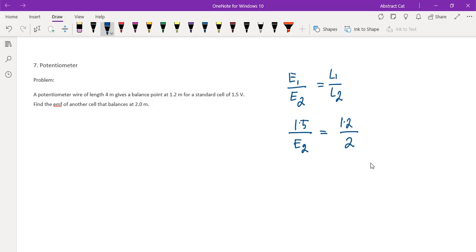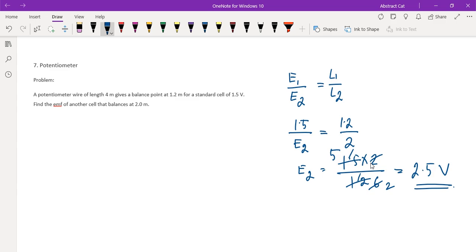Now E2 is equal to 1.5 into 2 divided by 1.2. The point cancels. Okay, 2 the 6, 3, 2, 3, 5. So that is 5/2, which is 2.5 volt.